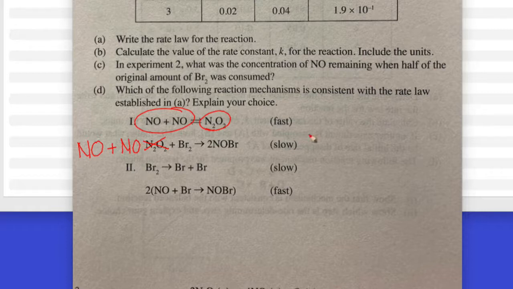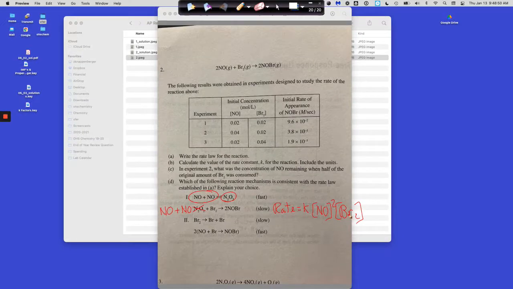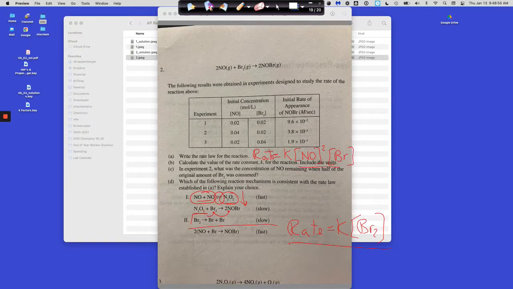Guys, that means that now the rate law for the rate determining step is k[NO][NO], which is [NO]^2, and [Br2], which is the same as the rate law for the overall reaction if we allow our attention to simply go back to that. Is that okay? And that's why it's substitutable.